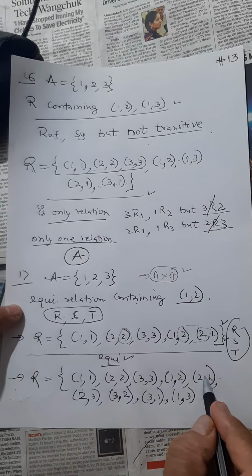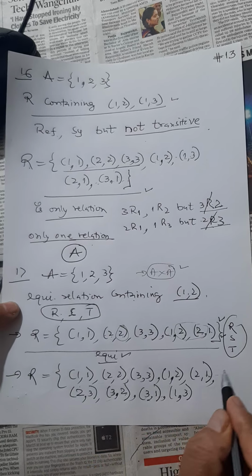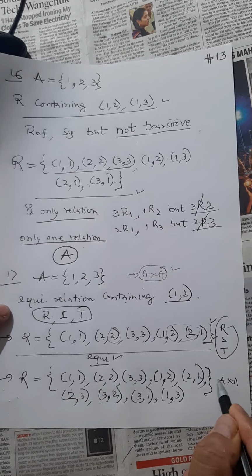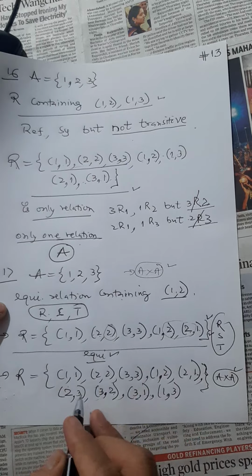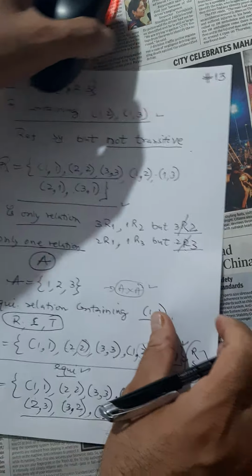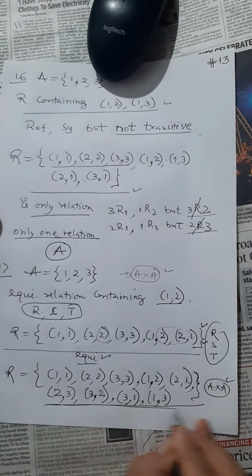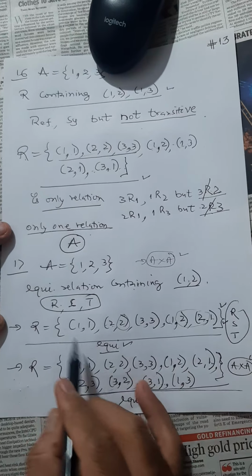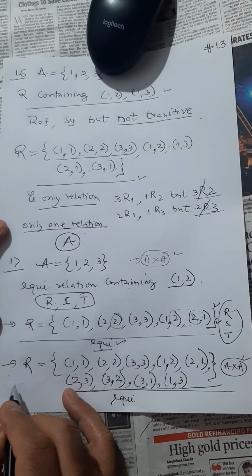So indirectly you can see that this is just A cross A, the entire A cross A, all 9 ordered pairs, which is always an equivalence relation. Remember, this is always equivalence, and these are the only 2 relations. So the total number of relations is 2 here.